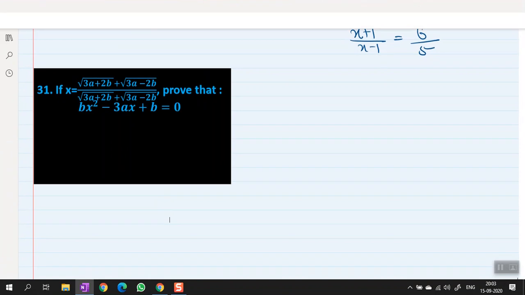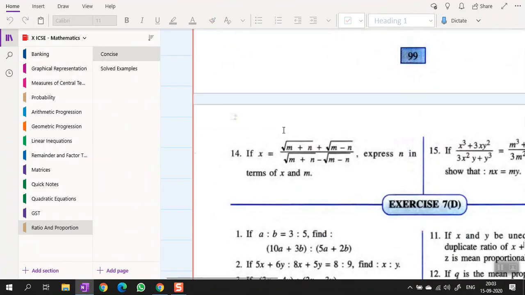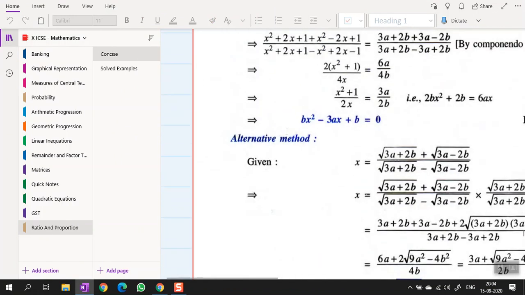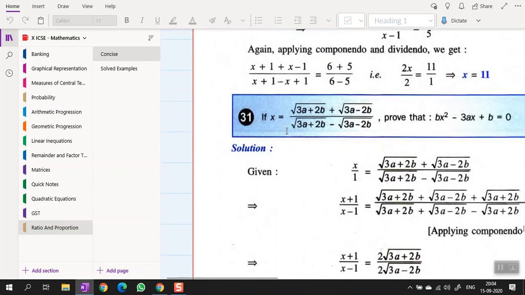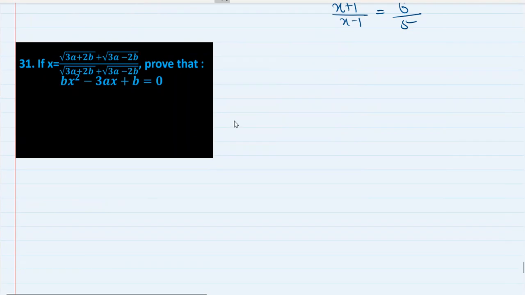Let's check the 31st question. Yes, as I told you, there should be a minus sign in the denominator. Okay, remember that.